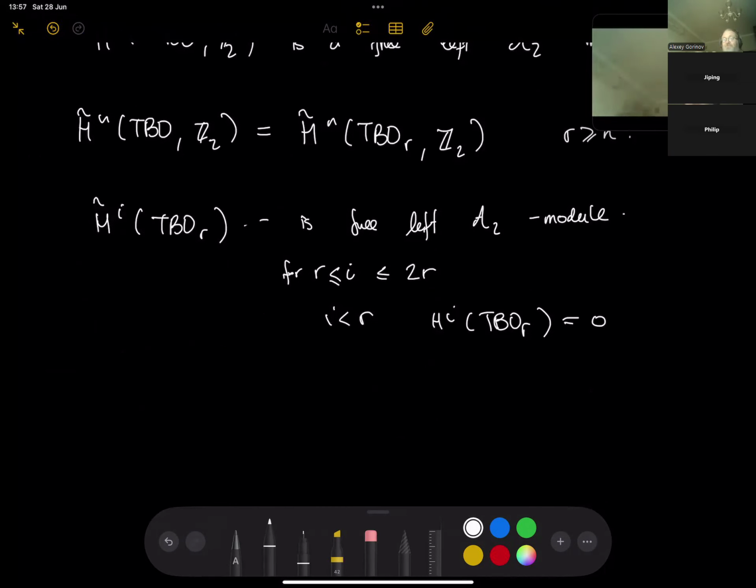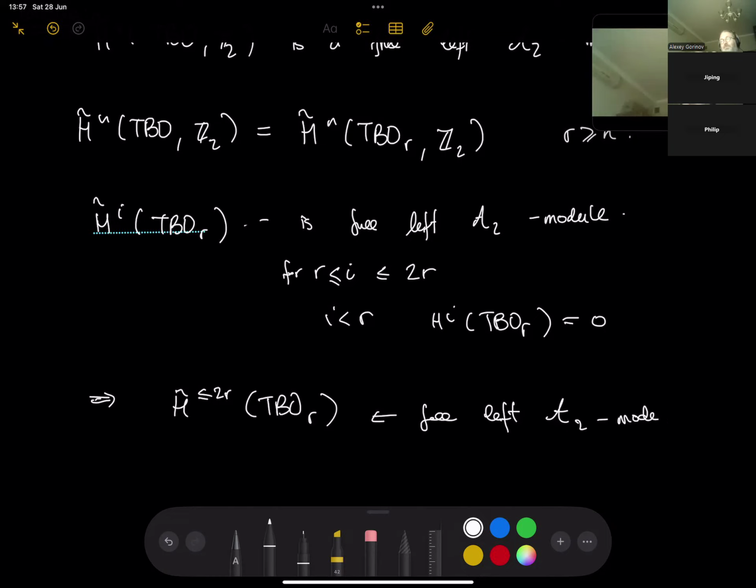Right. So below r, it's 0. So actually, we have that H is a free left A2 module.